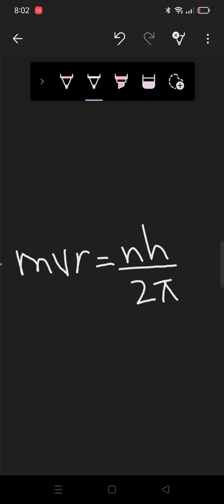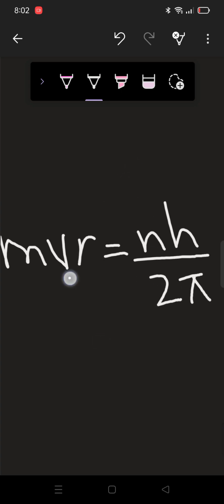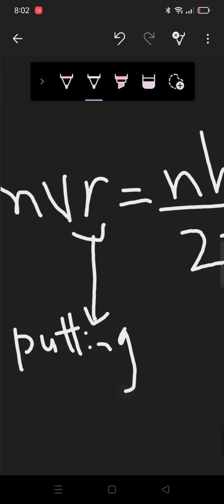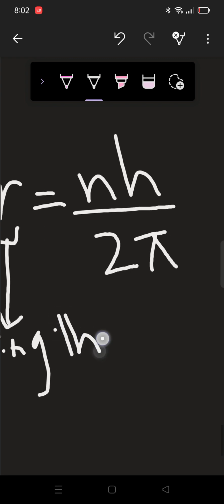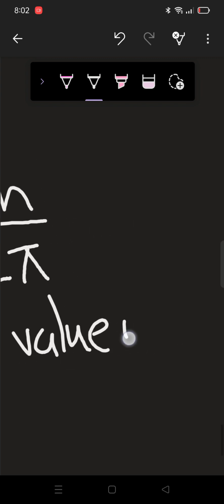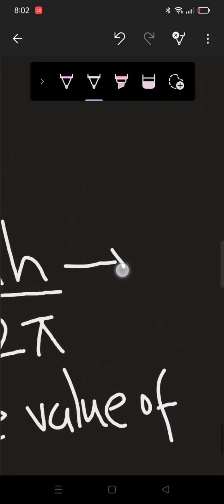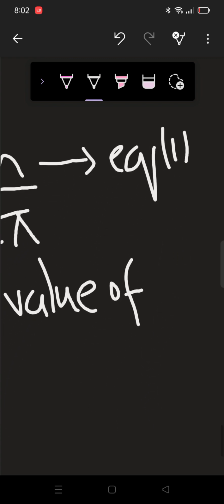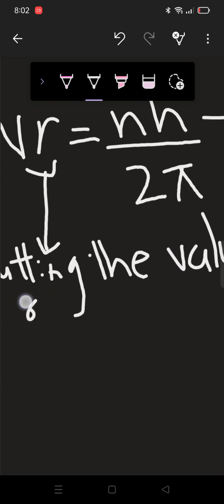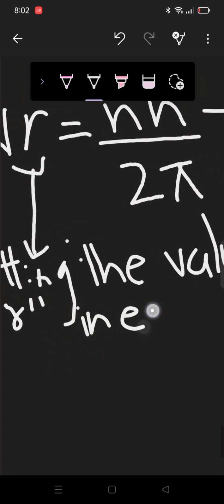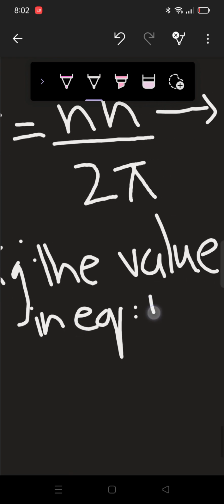Now instead of this r, I'm going to put the value of r, right? Putting the value of r in the first equation, or in equation number 1.